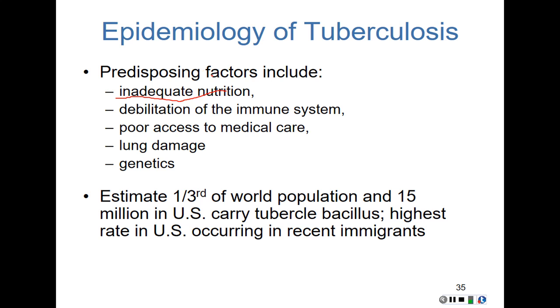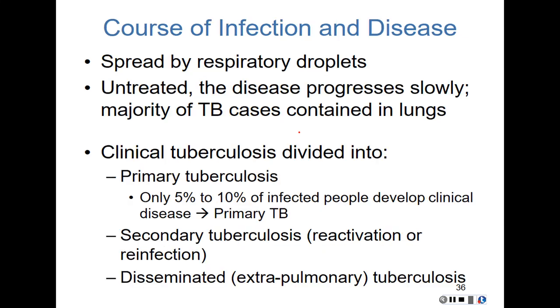So in other developing nations, there are issues with inadequate nutrition and access to medical care. These are big players. These are big predisposing factors in a lot of countries. Okay, it's spread in respiratory droplets.